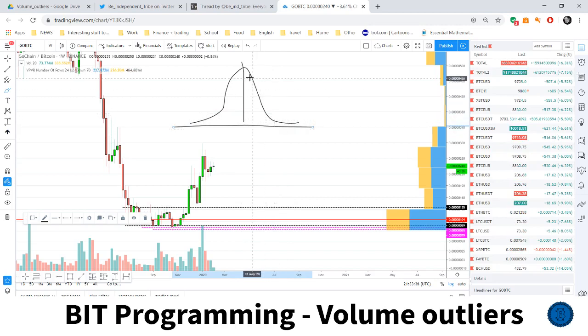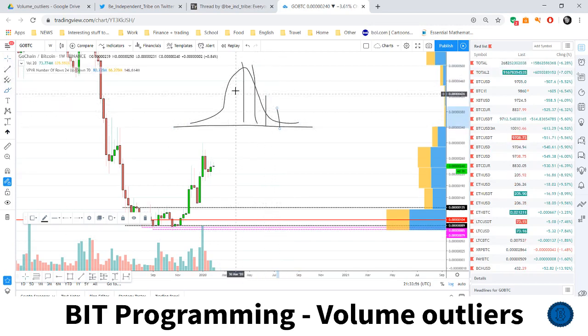So I wasn't looking for mean volume, right? These are not average volume candles. We want peak volume candles, so just a number that stands out. And if I draw it here, this is for one standard deviation, two standard deviations, and three standard deviations, and it works exactly the same the other way.